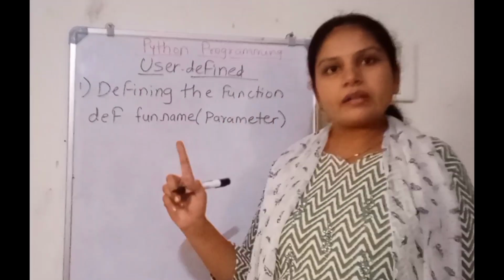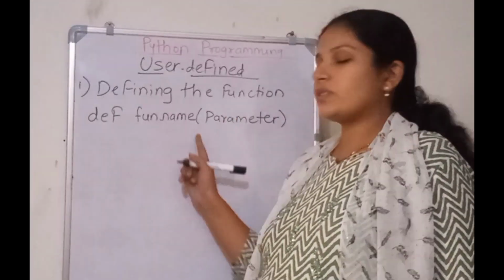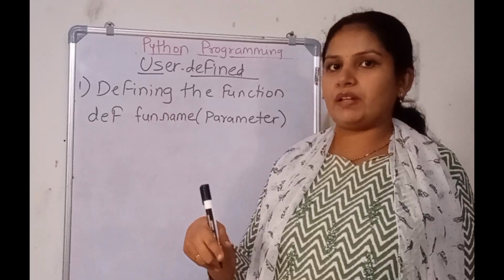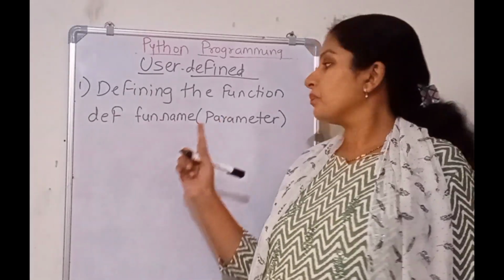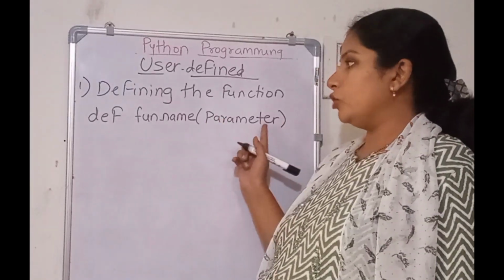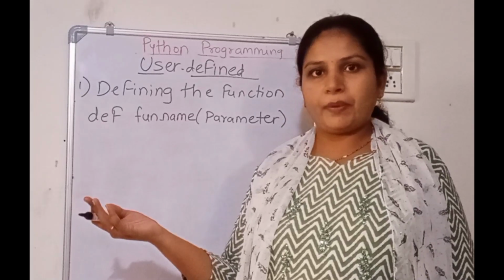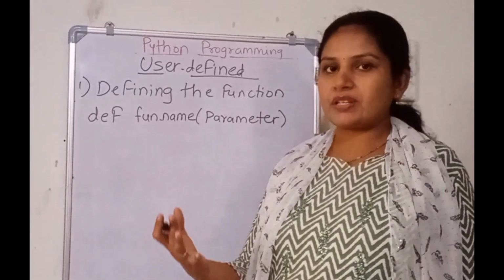Now parameters are the values which we are going to use inside the function as well as outside the function to pass the values. So these are optional, based on your requirement. Parameters could be one, two, or more. Multiple parameters would be there depending on what you want to use as data.